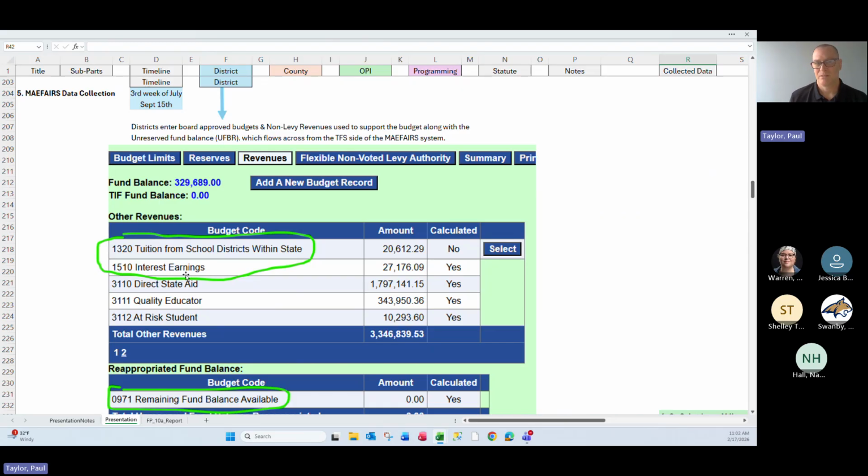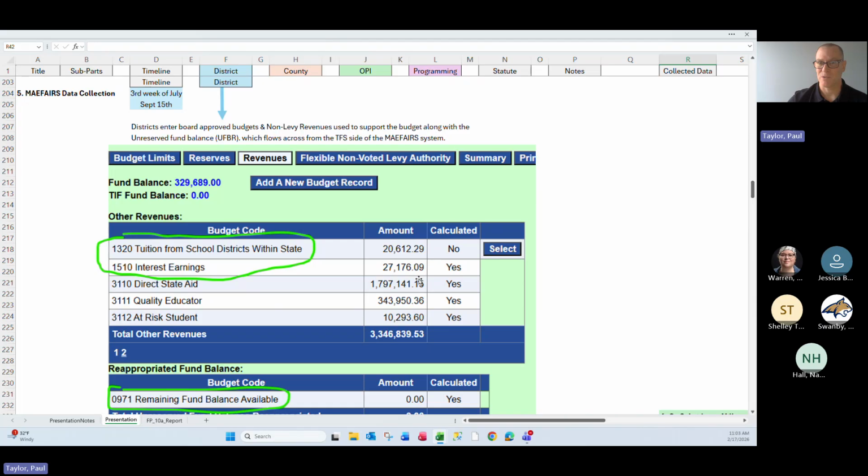Interest earnings. When you report interest earnings into your trustees' financial summary, the amount here, this 27,000 plus number, automatically flows to a different part of the Mayfair system. It flows into the estimated revenues to support the budget, on the budget area in the Mayfair system.